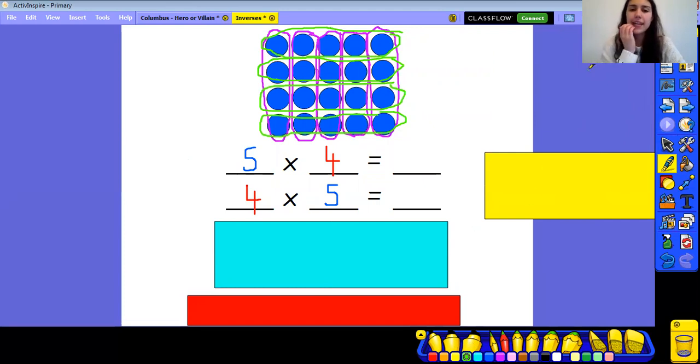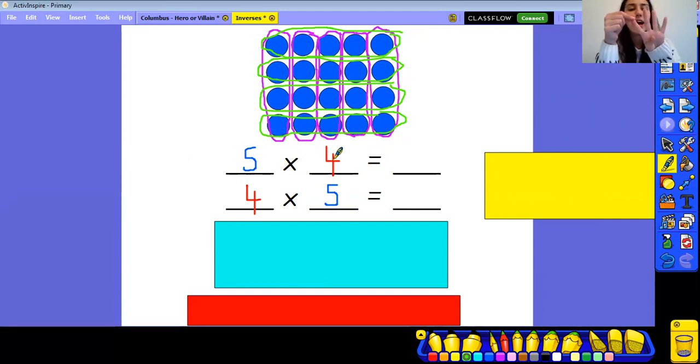So let's have a think. Well, if I do 5 groups of 4, that would mean that I've got 5 groups, and in each group I would have 4, but I can't quite count in my 4s yet. So remember, when 5 is a factor, I can use my 5 times tables. So that means I need to count in my 5s 4 times.